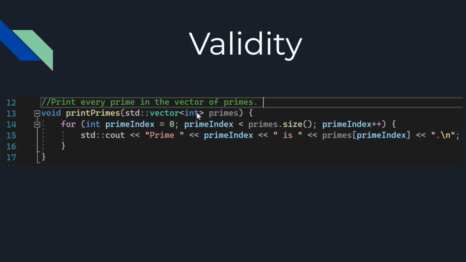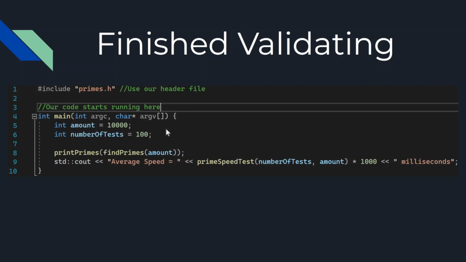We go to the size of the vector, and we increment each time this value right here as we go through this loop. And we print out prime index, which is this bit right here, the value at that index. And then we have a new line, and then we do it again for the next one. Fairly simple. So that's how we print our primes right here.